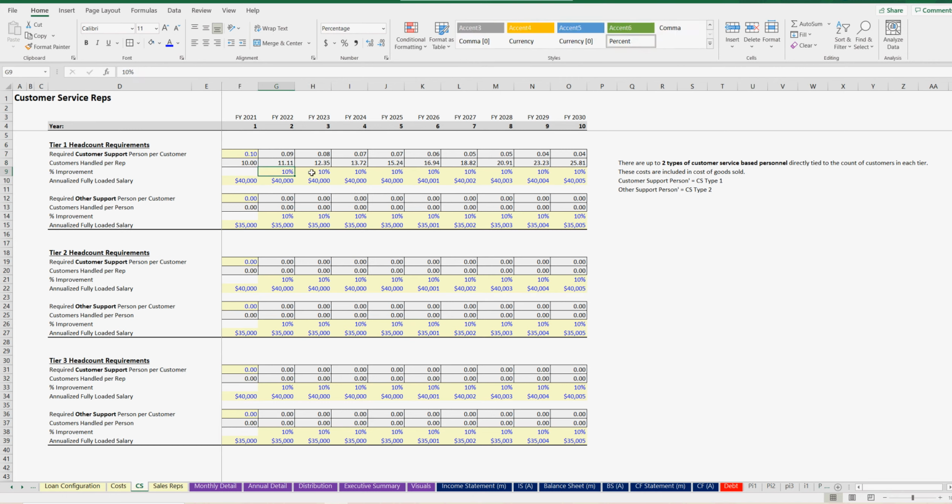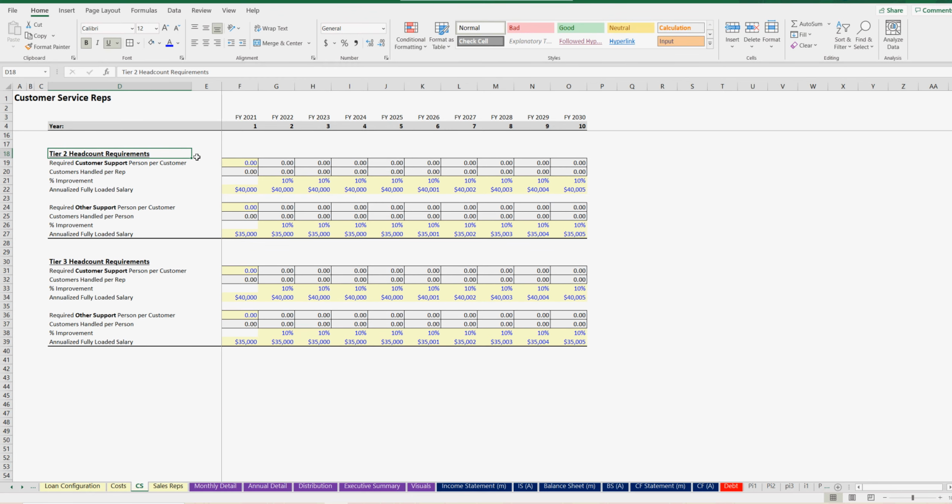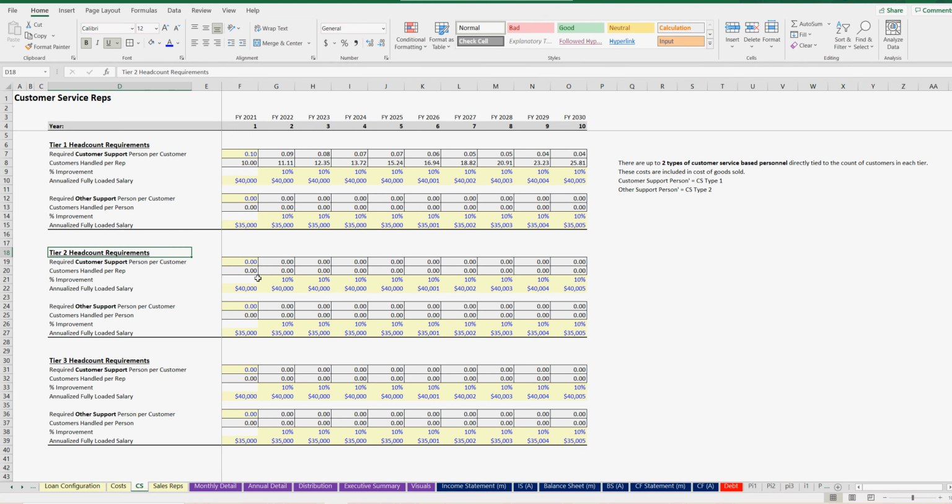And then the percentage improvement, if you put a percentage here, it just improves the amount that each customer rep can handle. For the second type, the same logic, but it might have a different salary amount. And then tier two, same exact logic, but for tier two loans, and then tier three. And this is based on active total loans for each tier.